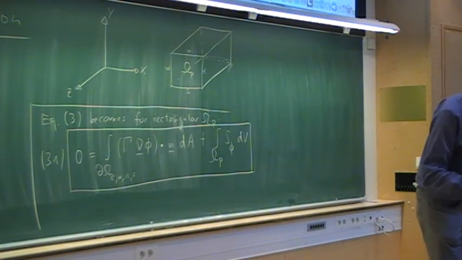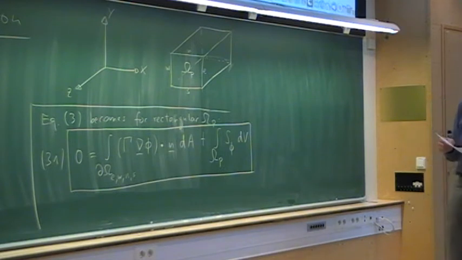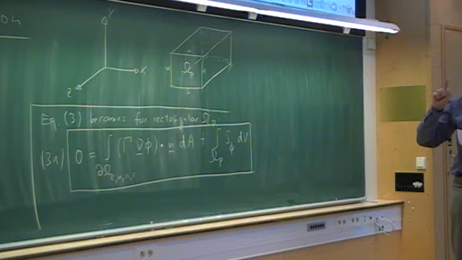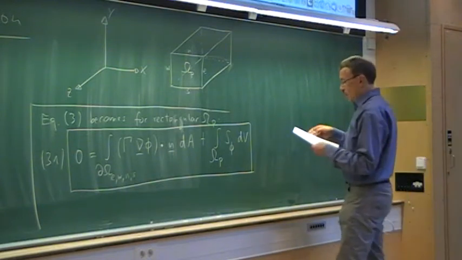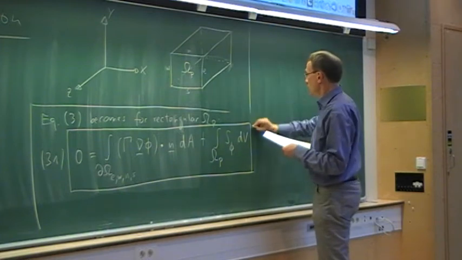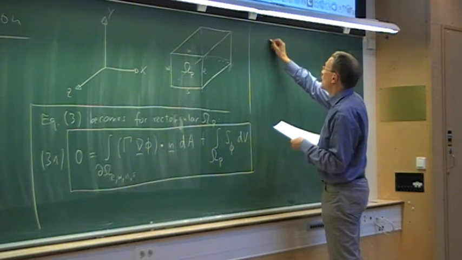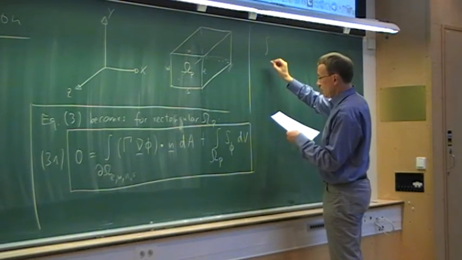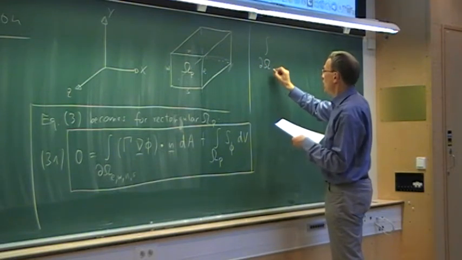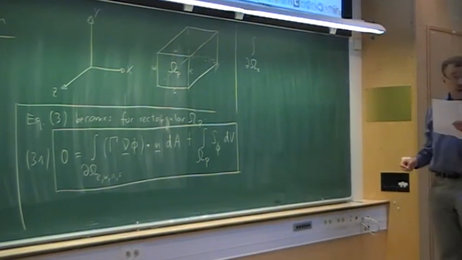Now we want to look at the different contributions of the diffusive fluxes over each of the faces. So let us start with omega e. That is the integral over the boundary of the control volume, and we look now at the eastern face.